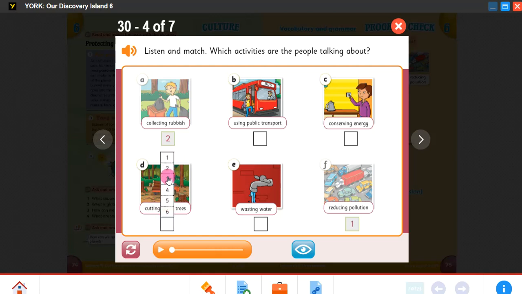He says that we need to cut trees to make furniture and make paper, and that is a problem. Number 4 is using public transport. 5 was conserving energy. Finally, 6 was wasting water.